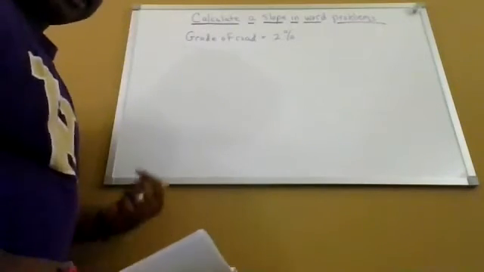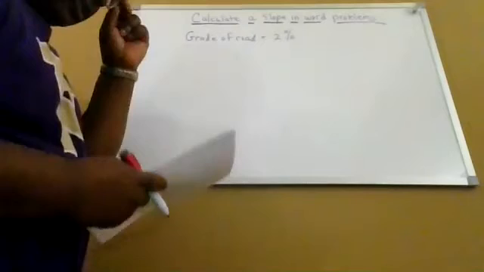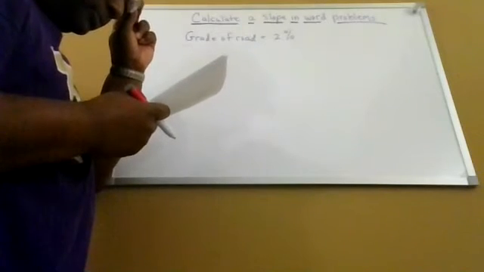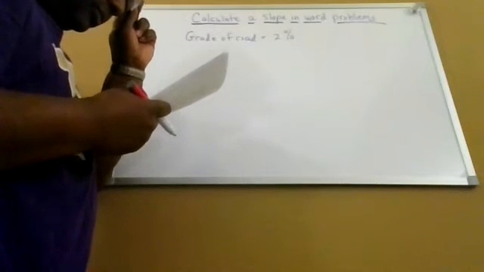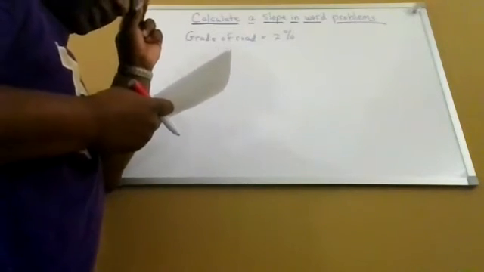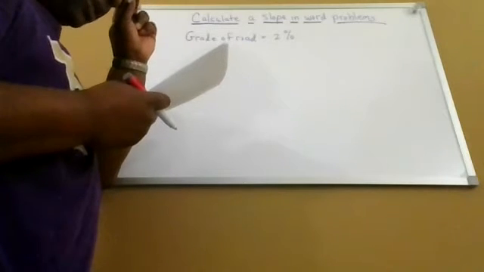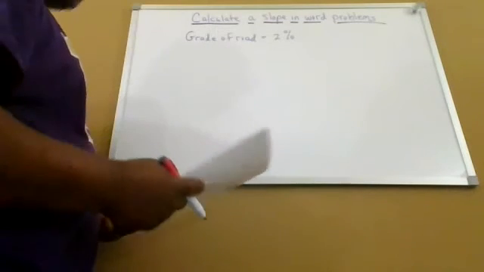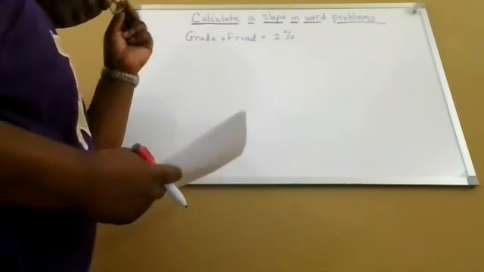So here we have the grade of the road is 2%, and the grade of the road is its slope expressed as a percent. Okay, so they're defining what grade is.